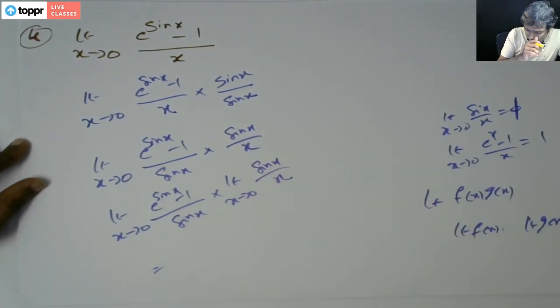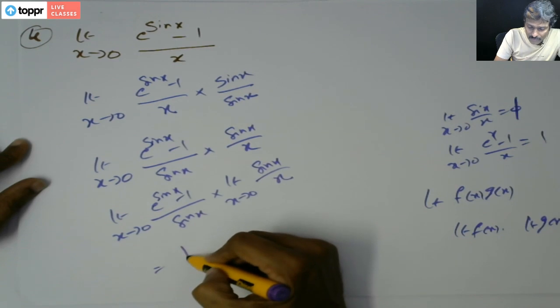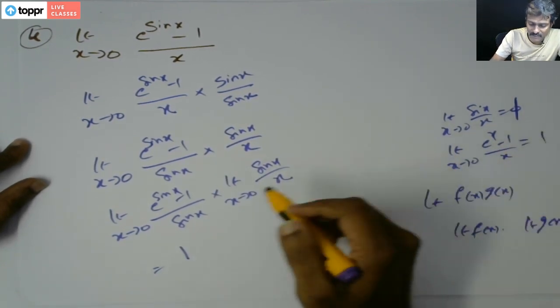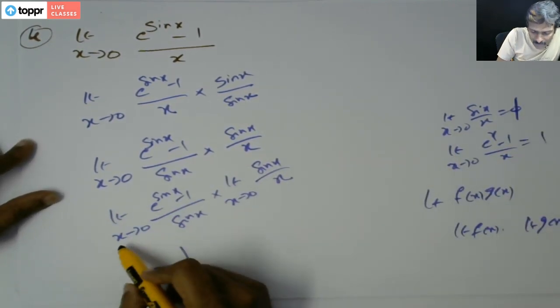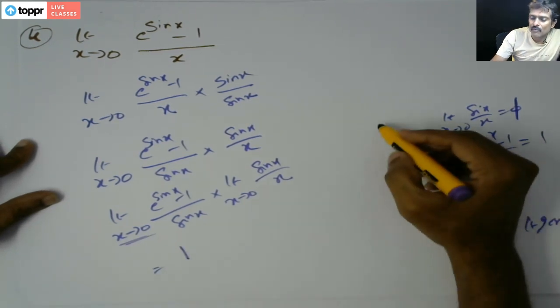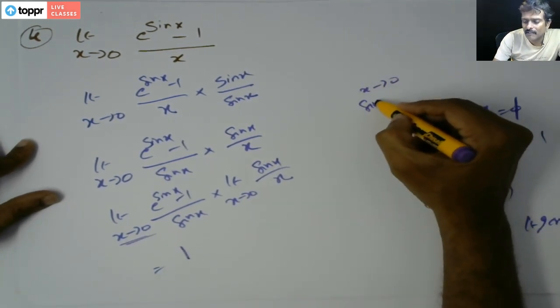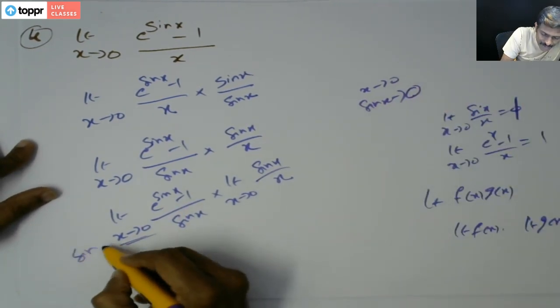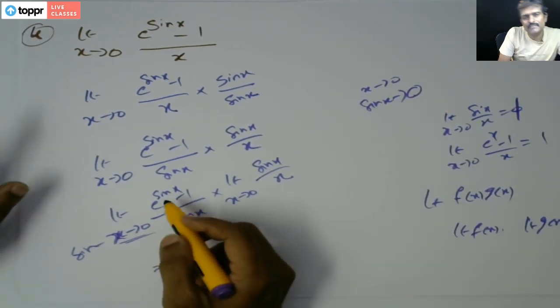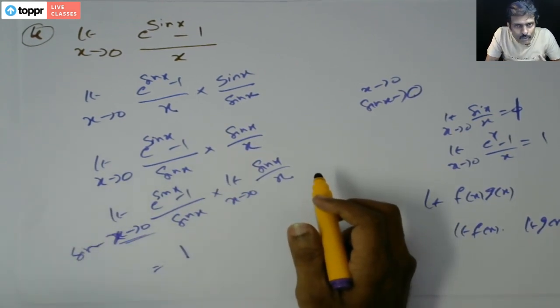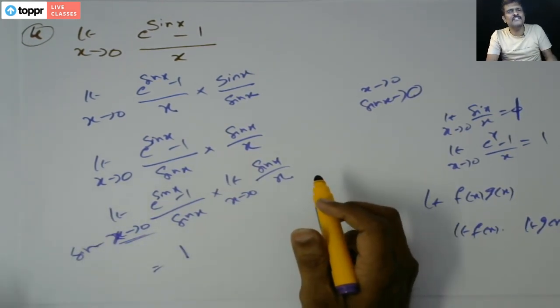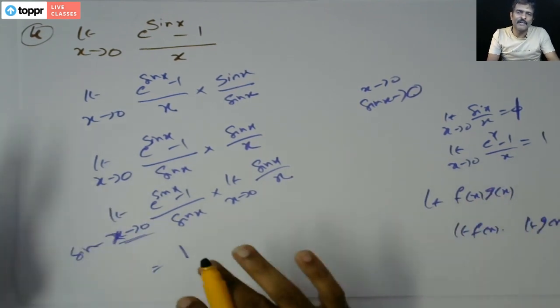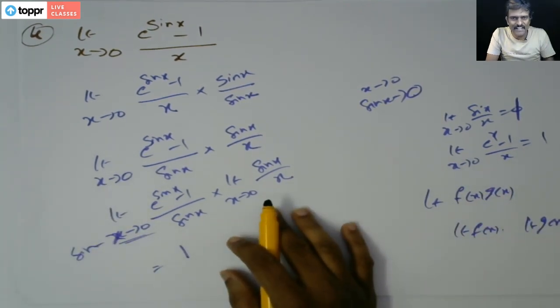So then this value is 1 for us, because of e power x minus 1 by x. One thing here: this is x tends to 0. When x tends to 0, what will be the value of sin x? Sin 0 is 0. So you can simply write sin x tends to 0. There is no problem in doing that, because you are applying a function onto it.